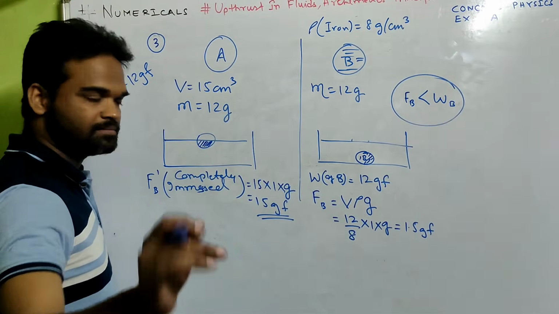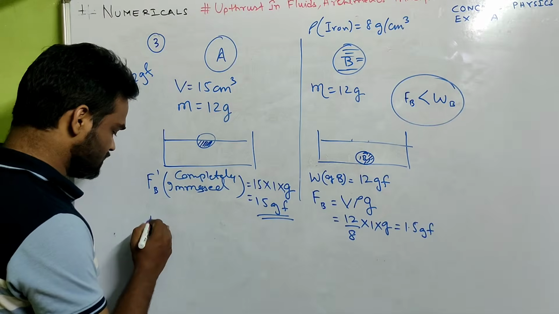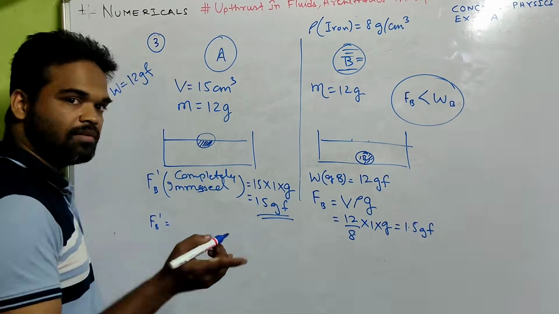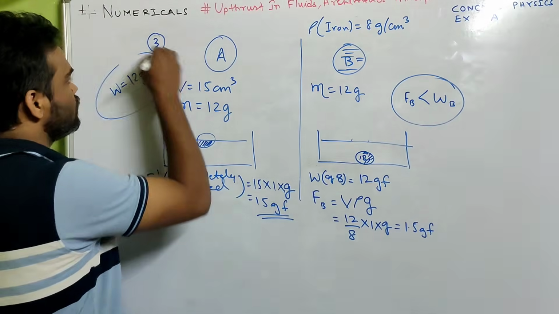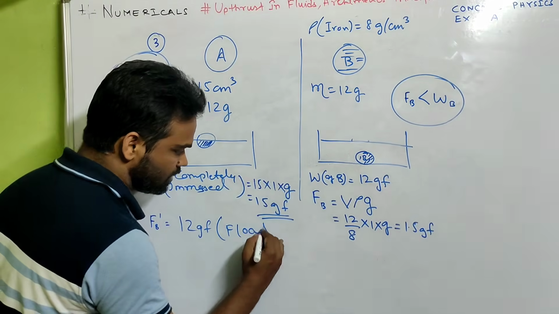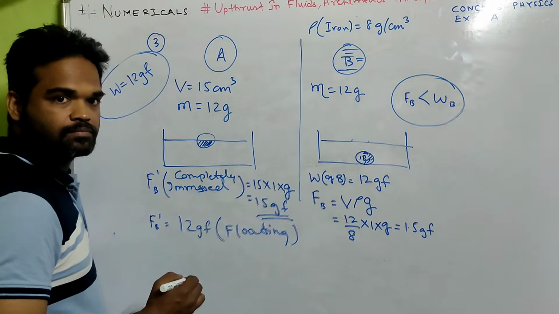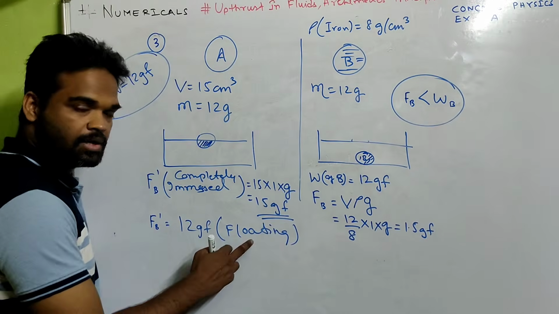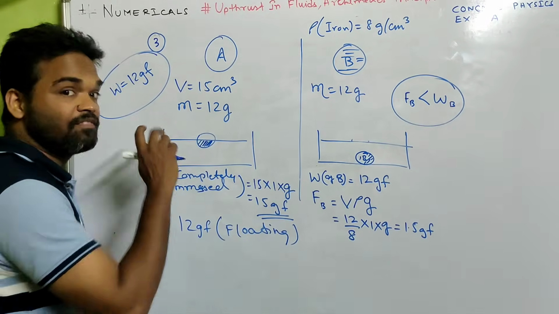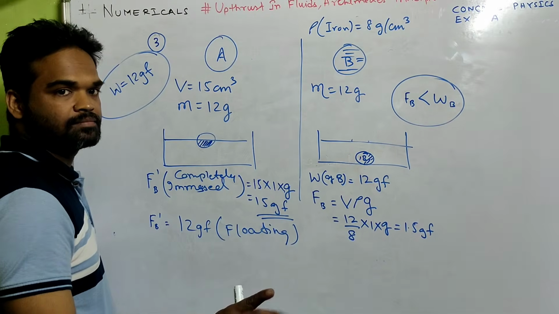This we have studied, which means in this case FB dash will be equal to the weight of the body, which is 12 gram force. When it is floating, you need to write this. So when it is floating, the upthrust will be 12 gram force, which is equal to the weight of the body.